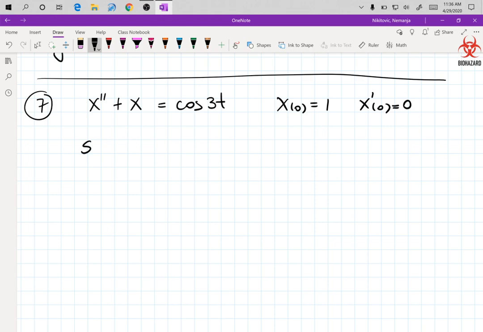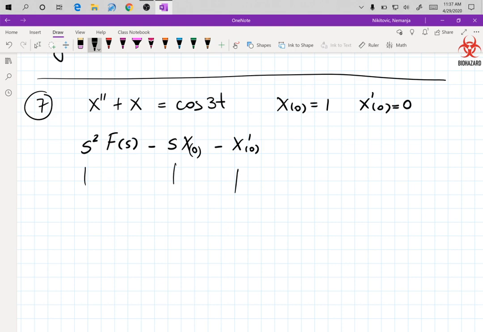So s squared f of s minus s f of 0, in this case x of 0, minus x prime of 0. So that's our transformation for the second derivative, right? So your powers of s will go down, so 2, 1, 0, right?